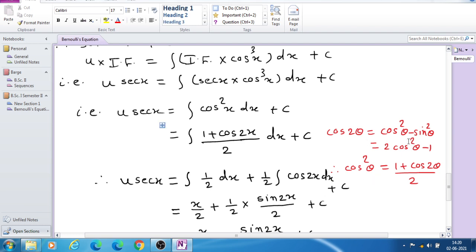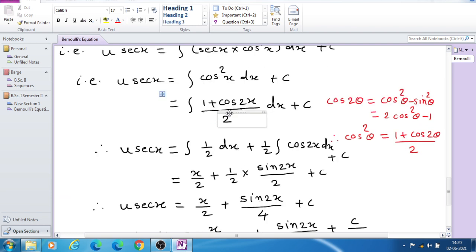Cos 2 theta is equal to cos square theta minus sin square theta, or this is equal to 2 cos square theta minus 1, or if we want this is equal to 1 minus 2 sin square theta, but here we want cos square theta, so we write here 2 cos square theta minus 1. From that cos square theta is equal to 1 plus cos 2 theta upon 2. That means here cos square x is equal to 1 plus cos 2x upon 2 into dx.